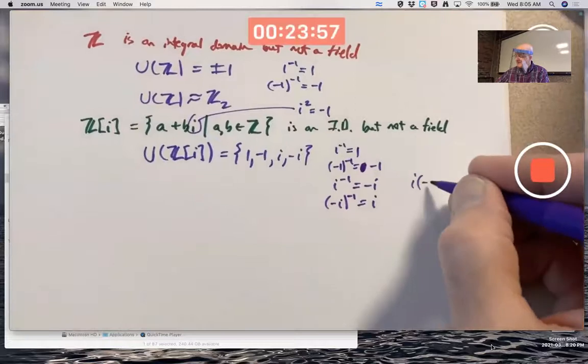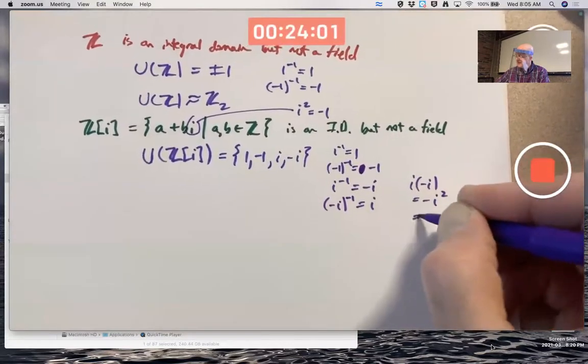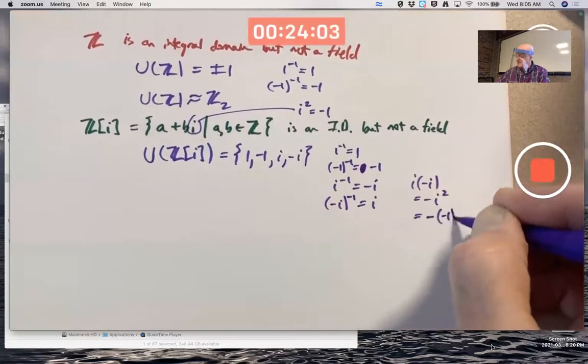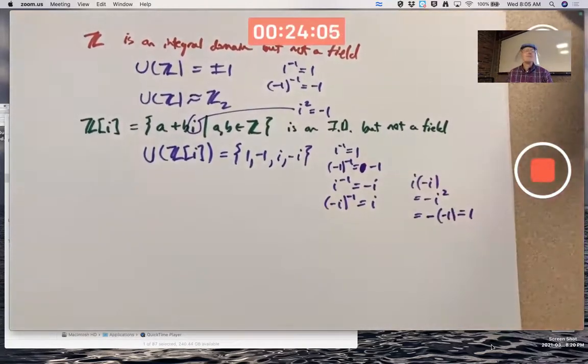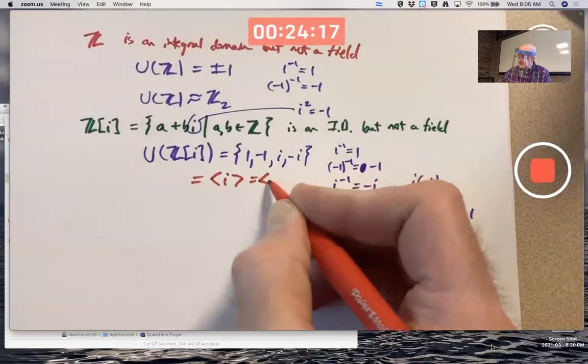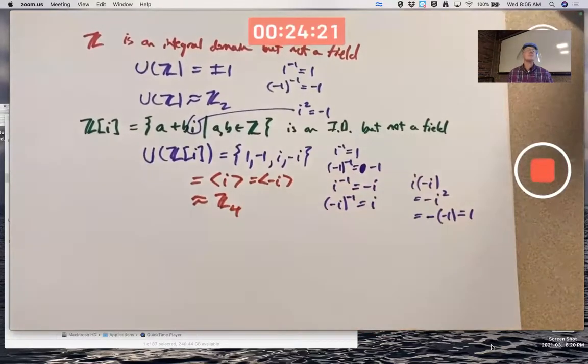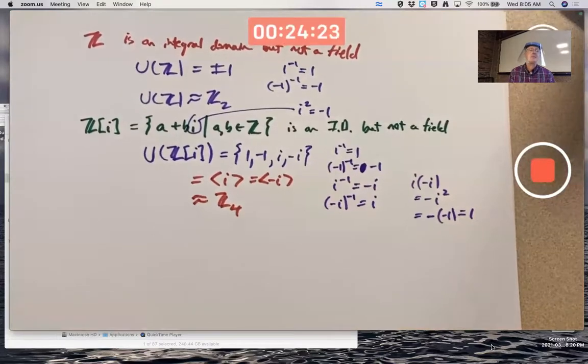Well, i times -i is -i squared, but i squared is -1. i and -i in this multiplicative group have order 4 and are generators. You could also write this as this or this, and it's isomorphic to Z4. It's a cyclic group of order 4.